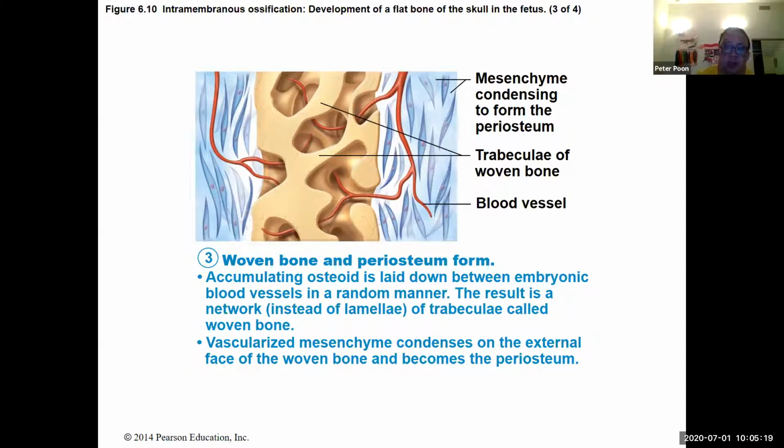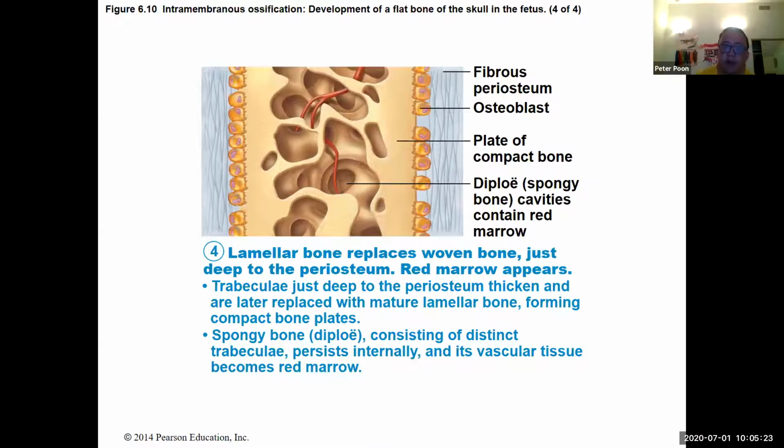Then you start building it more and more. Once you bring in a blood supply, this moves faster because now you have more nutrients, and so you can push the envelope harder.